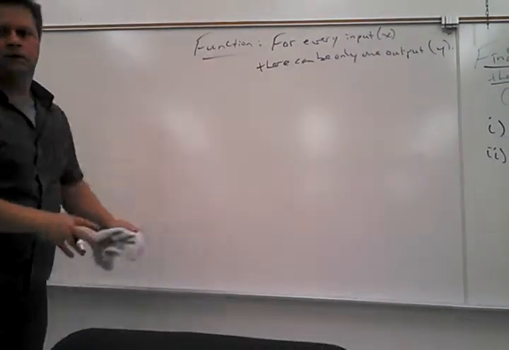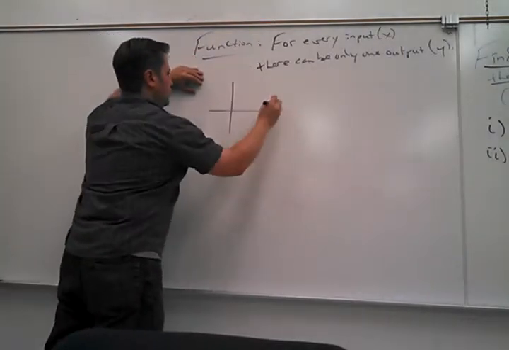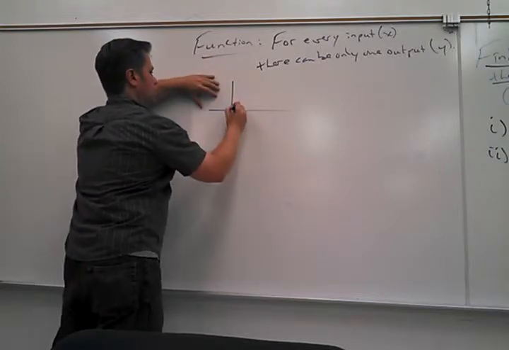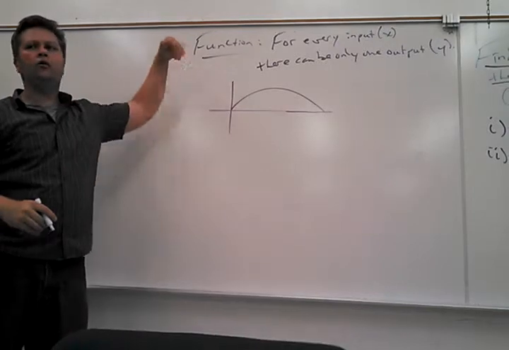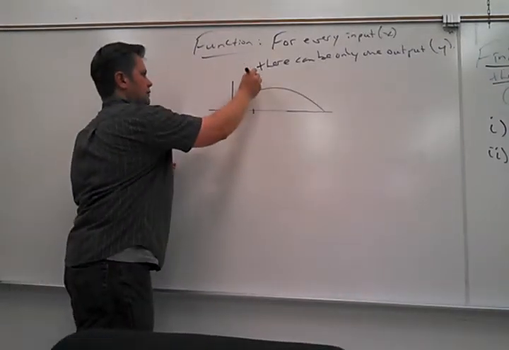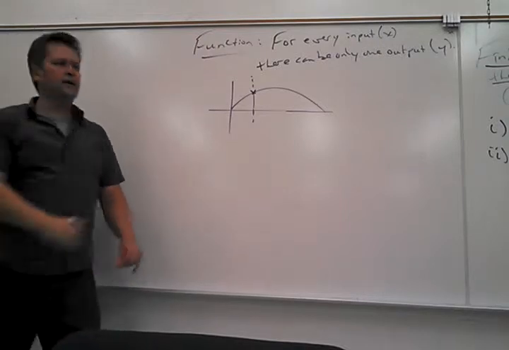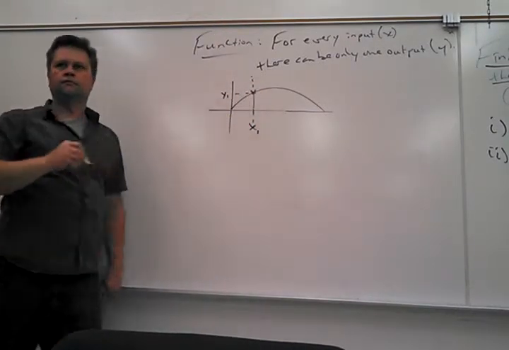So what does this really mean then? Visually, what I just did is a nice test we can run on the graph. This is a graph of a function because I can't see anywhere that for any x it goes through more than once. There's just one place for that x. This input has this output.